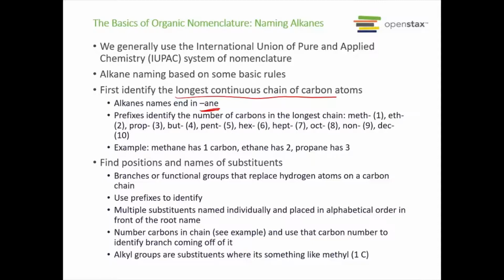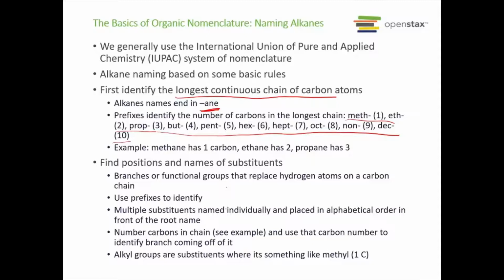Then we use a prefix to identify how many carbons are in the longest chain. These are the basic prefixes for 1 through 10: meth, eth, prop, but, pent, hex, hept, oct, non, and dec. So methane has 1 carbon, ethane has 2 carbons, propane has 3, nonane has 9, decane 10.